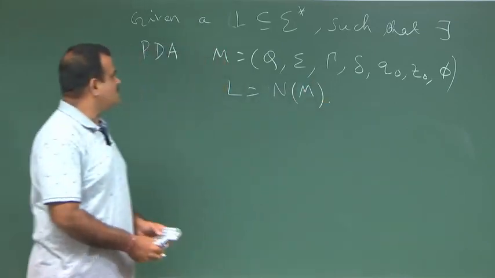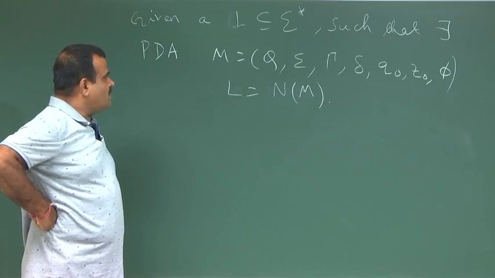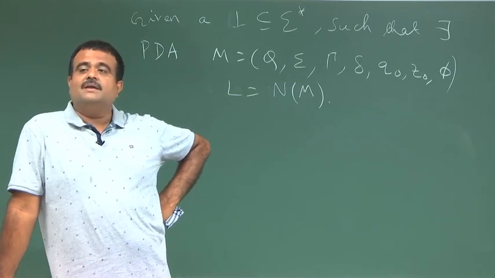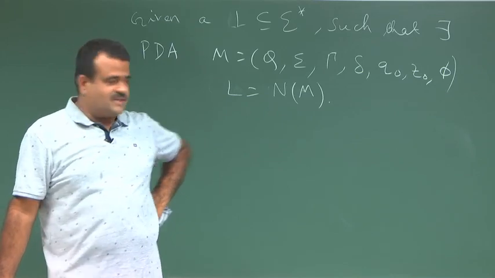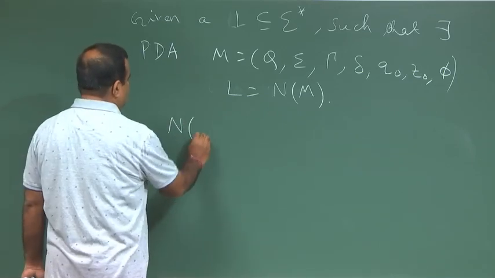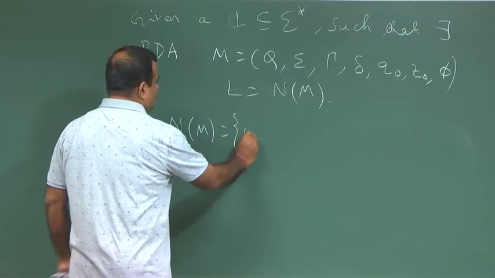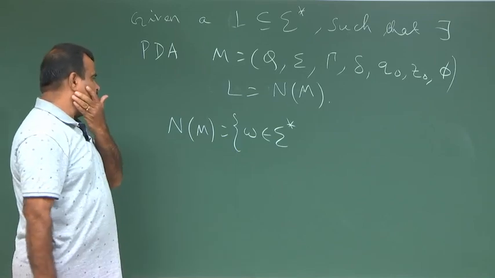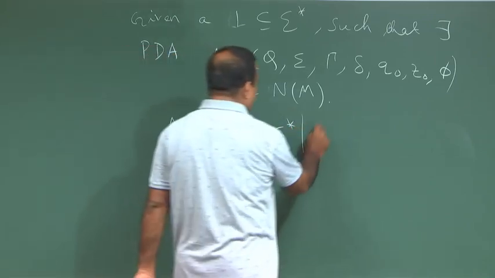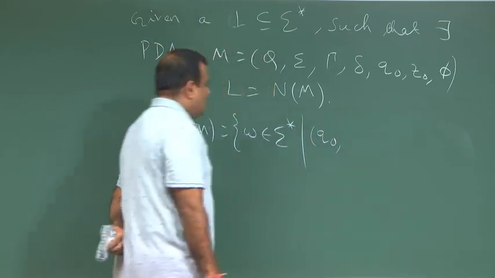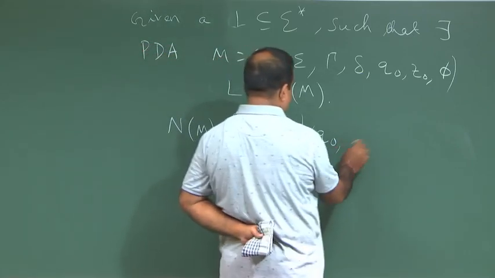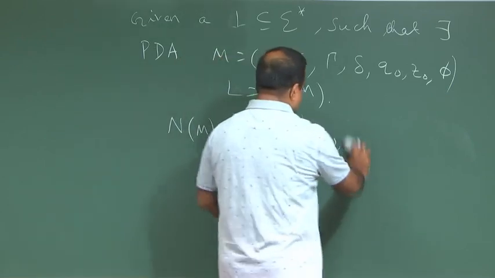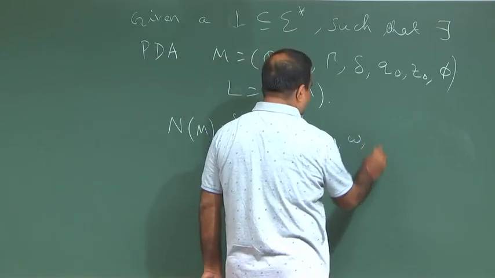So, N of M means the set of all strings, the language accepted by this PDA in the sense of empty stack. That means N of M is the set of all strings w coming from sigma star such that we start with q0 and Z0, with w on the tape.